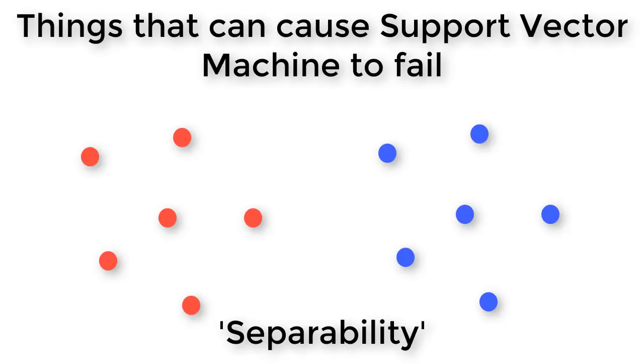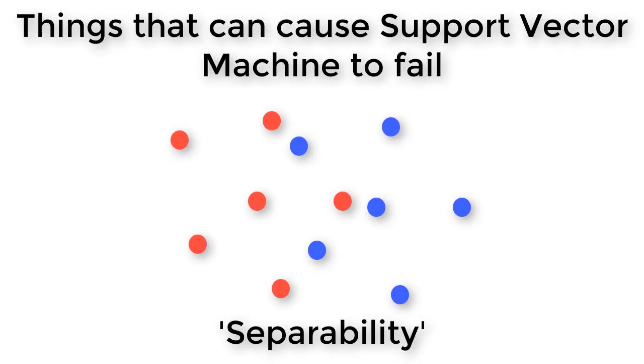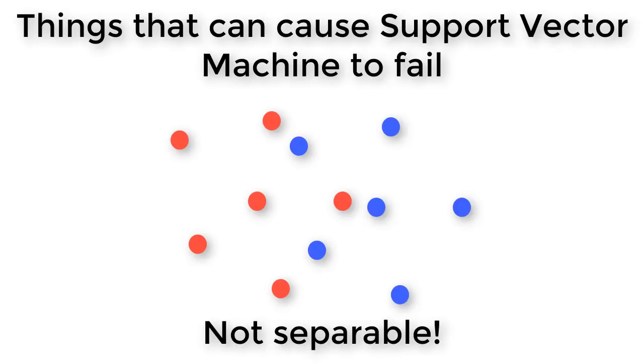But it's possible to have data that is not separable. For example, suppose our data looked like this. This data is not separable because there's no way to draw a line between the 2 classes of data. Support vector machine tends to not do as well with data that is not separable.